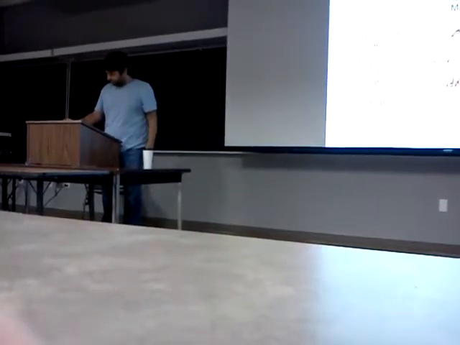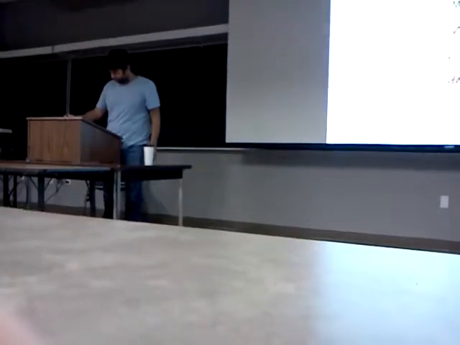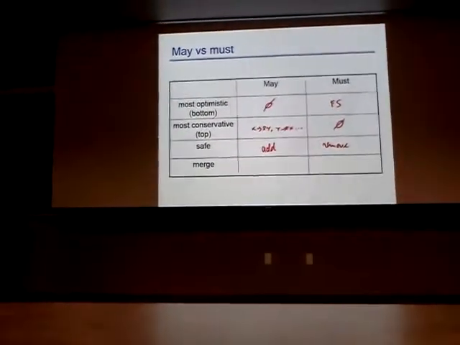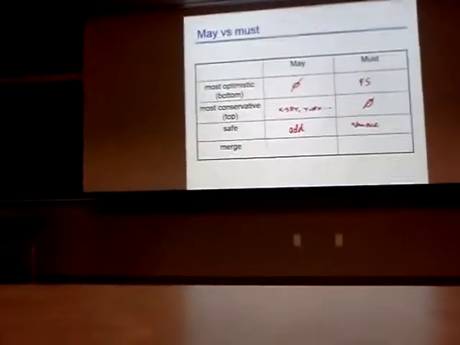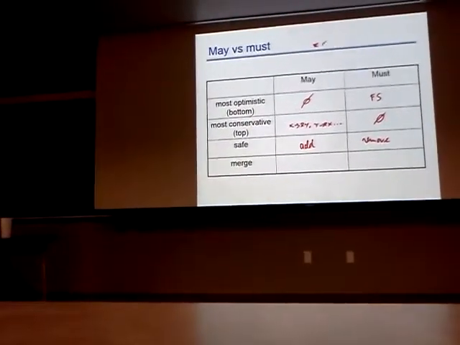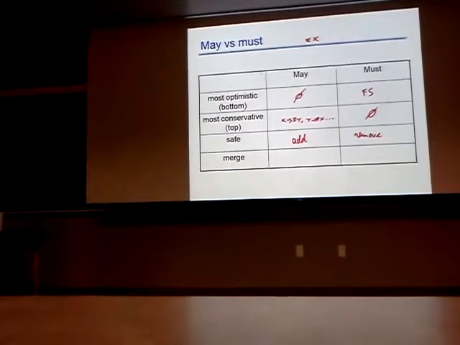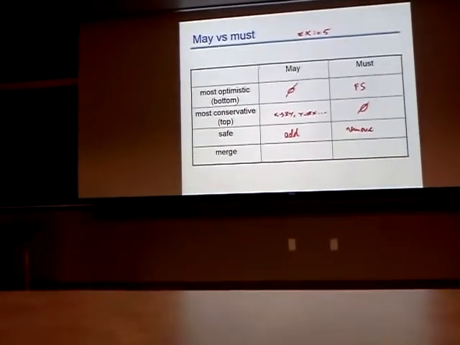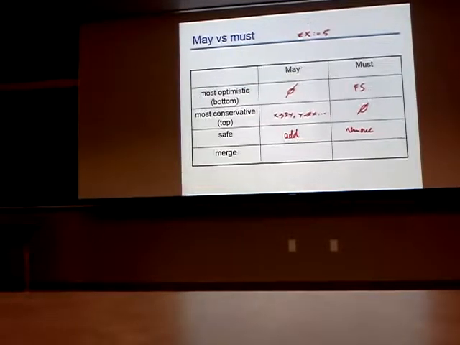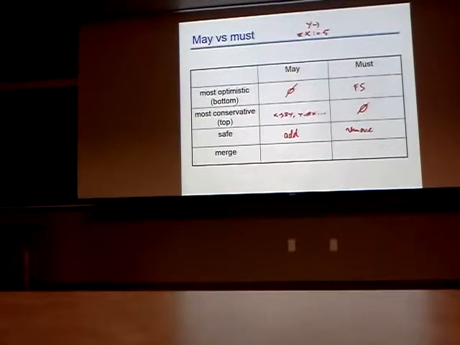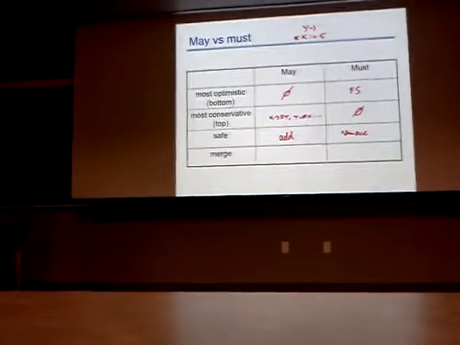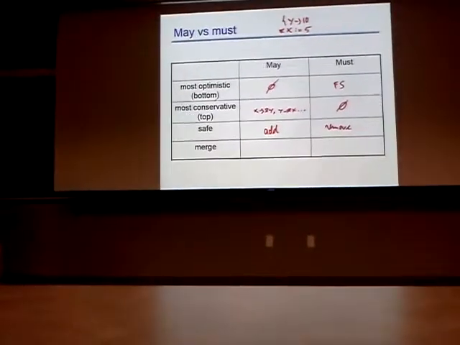So here's an example for may point. Let's say that you know this is constant prop, and you know that y is 10.